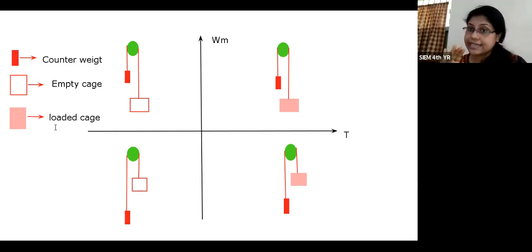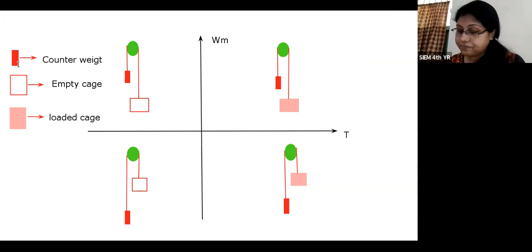But when the cage is loaded, the weight of the loaded cage is greater than the weight of the counterweight. Okay, that is our consideration. That means the weight of the counterweight is greater than the weight of the empty cage, but when it is loaded, the loaded cage weight is greater than our counterweight.